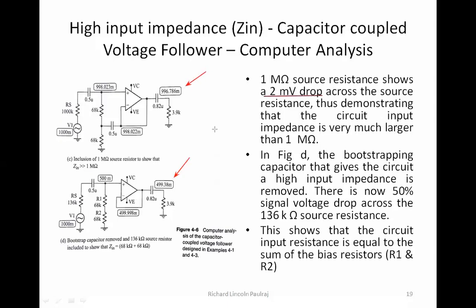If you compare, what minor change have we done here? We have just removed this capacitor. So just by removing that capacitor, you can see that the output values have actually gone too low, right? So there is now about 50% signal voltage drop across 136 kilo ohms source resistance.